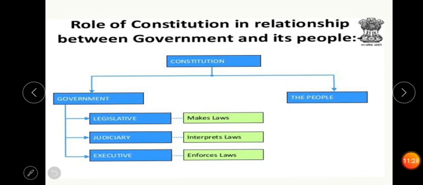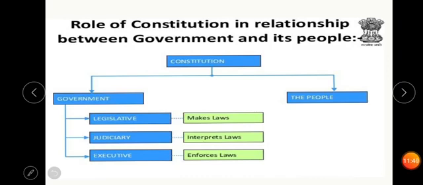So, if you think you are not safe, or you are unable to exercise your fundamental rights, then you can directly go to the court for the protection of your rights. The Constitution provides both circumstances here.